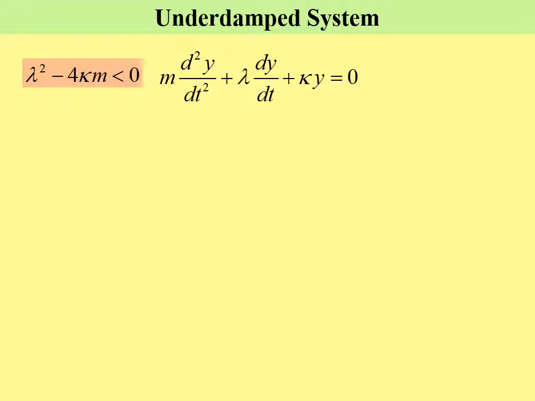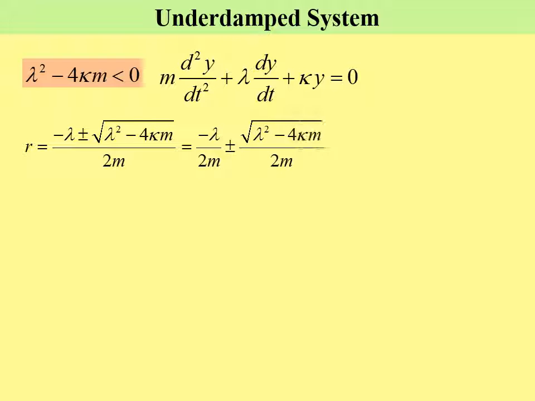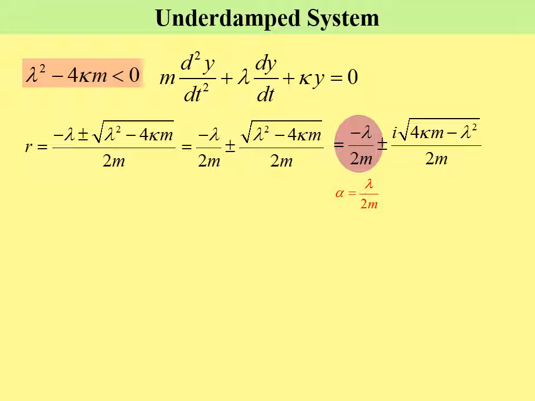Now, considering an underdamped system where lambda squared minus 4 kappa m is negative, if we did our solution by finding the characteristic value, the value of r in the characteristic equation, we come up with this. Now here we have lambda over 2m, we'll call that by the name alpha, and then we have the rest of it, which we'll call by the name omega.